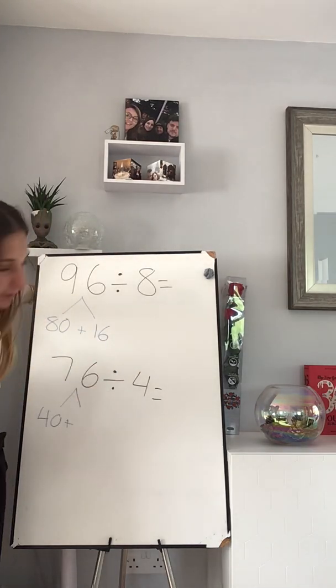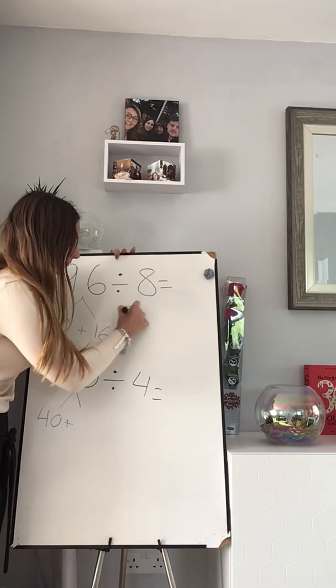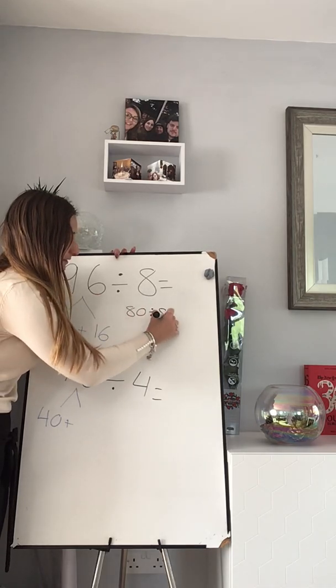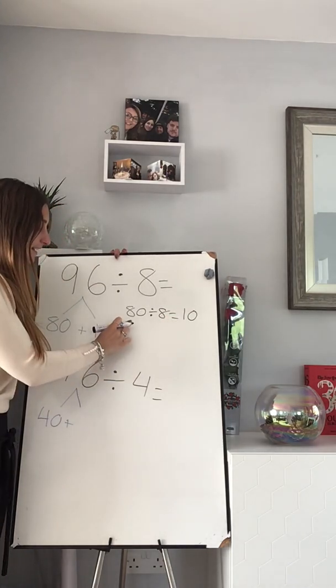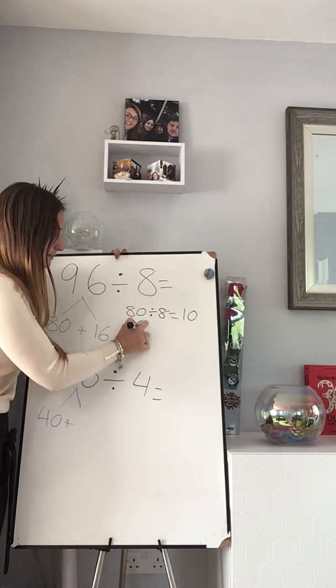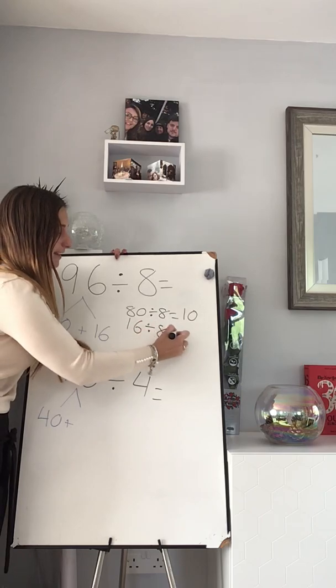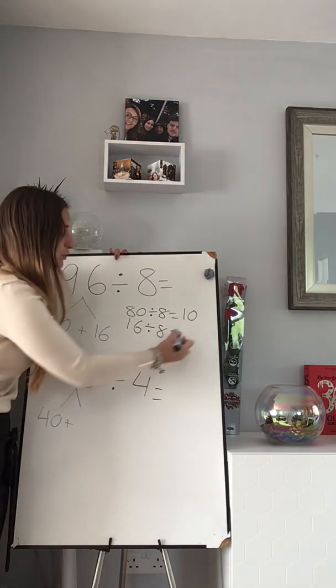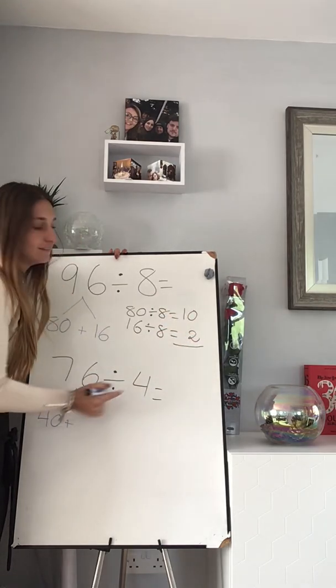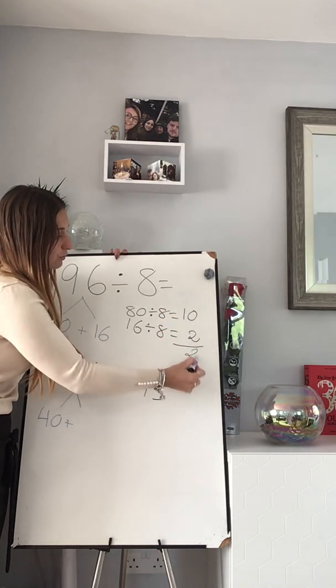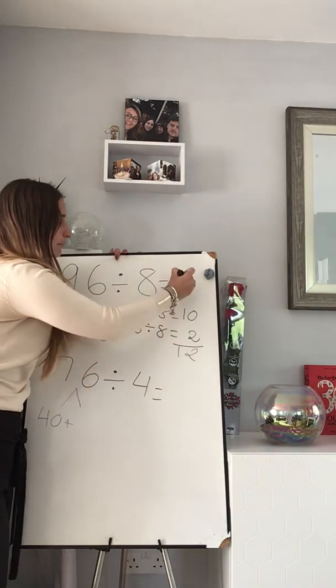Right, let's work it out. 80 divided by 8 is 10, absolutely right. And the next one, 16 divided by 8 is 2. And you put it back together, 12. Brilliant.